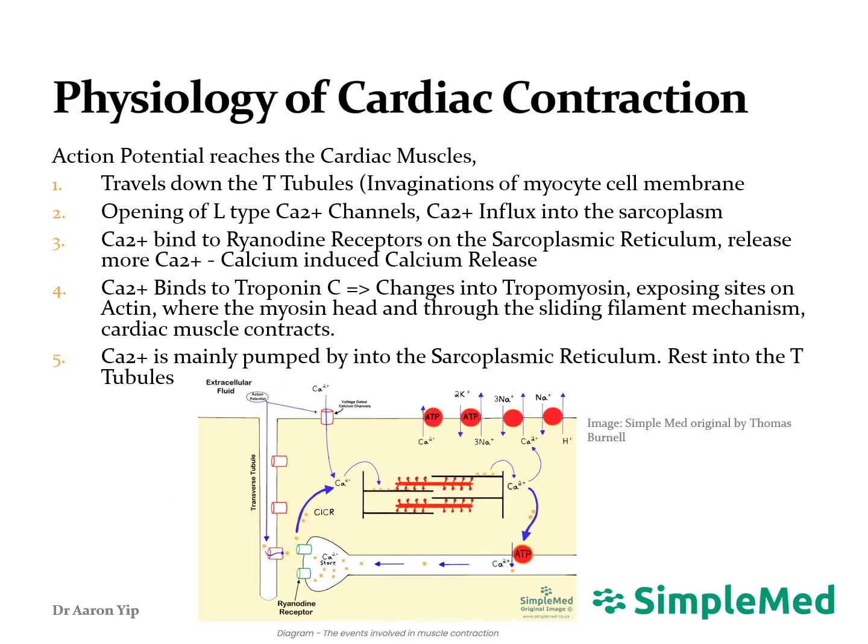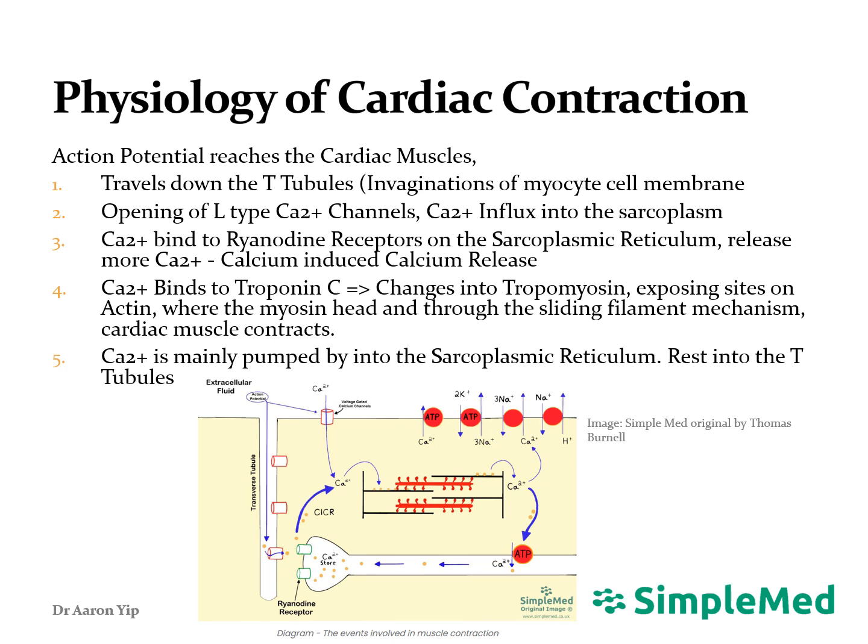Let's look at the physiology of cardiac contraction. The action potential reaches the cardiac muscles and travels down the T tubules, which are invaginations of the myocyte cell membrane. This opens the L-type calcium channels, allowing an influx of calcium ions into the sarcoplasm, which is essentially the cytoplasm of striated muscle cells.